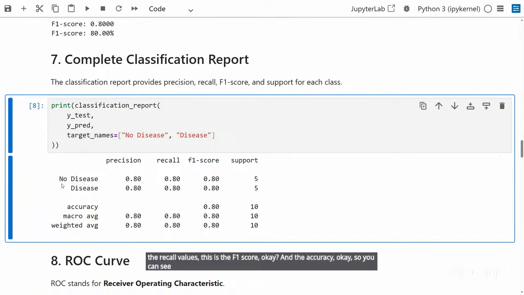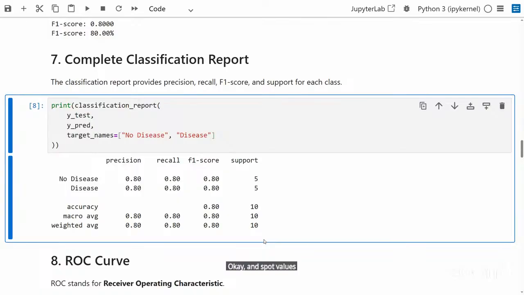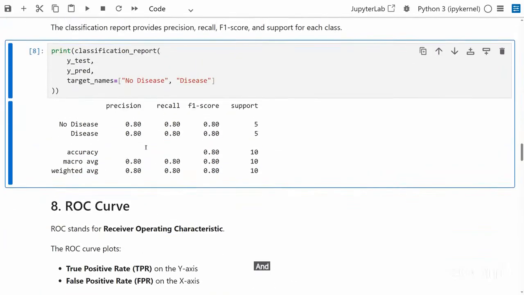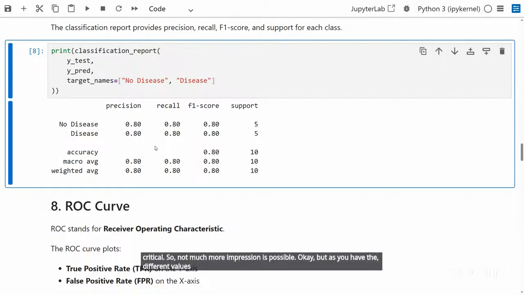These are the number of disease and support values. But here actually the thing is all the values are equal due to symmetry, so not much interpretation is possible. Okay, but when you have different values, you will get more. But here we do not have an accurate prediction, which we can say.